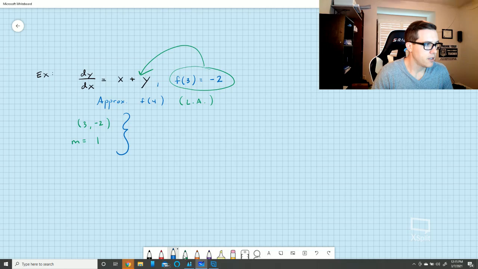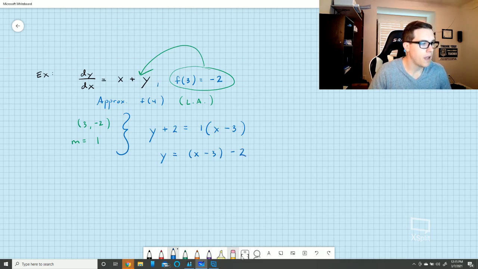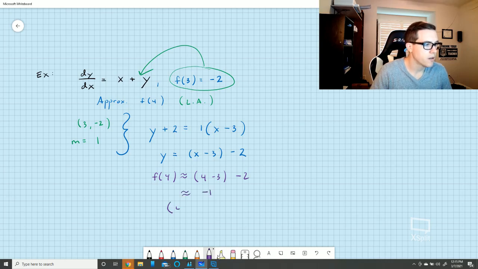All right, so we create our tangent line, y minus the y coordinate equals the slope times x minus the x coordinate. Here is my tangent line. And now we can approximate f of 4 is approximately 4 minus 3 minus 2, 1 minus 2, which is approximately -1, so it's still increasing. And then is it an over or under?